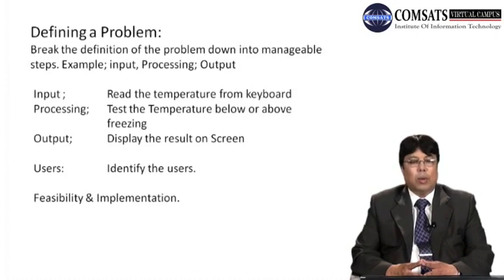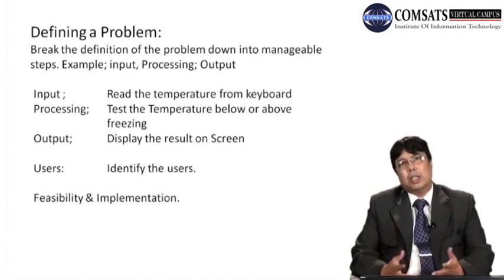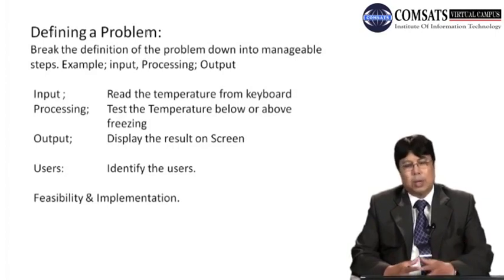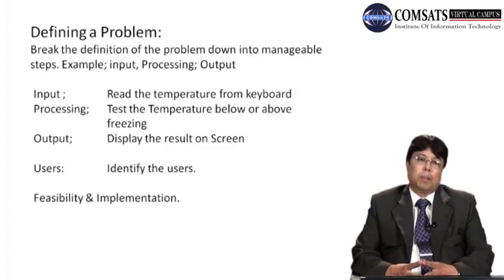So we can define the input, we can define the processing, and we can define the output. Processing, in this particular case, is simply testing the temperature range, or the level of the temperature more precisely. And the output: display the result on the screen.